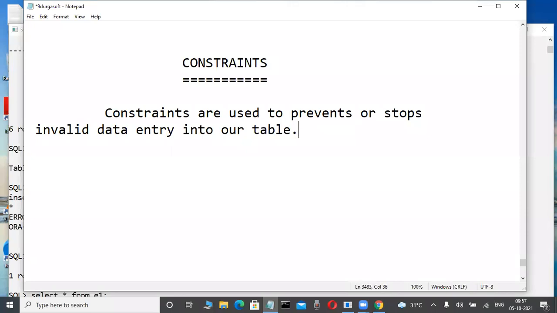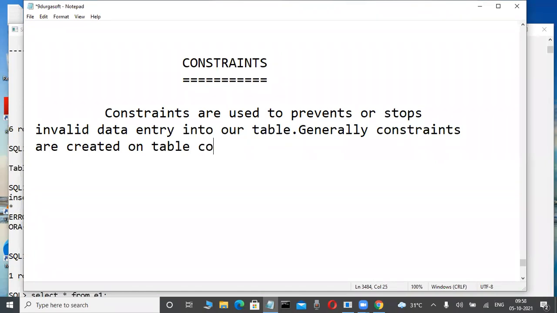Invalid data entry into our table. Generally, constraints are created on table columns.